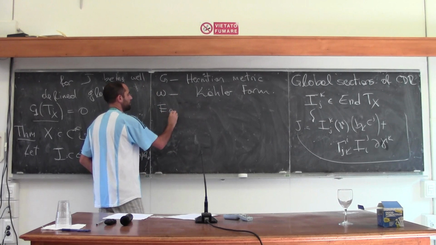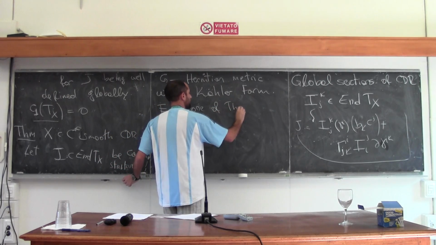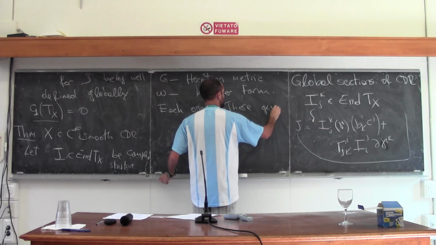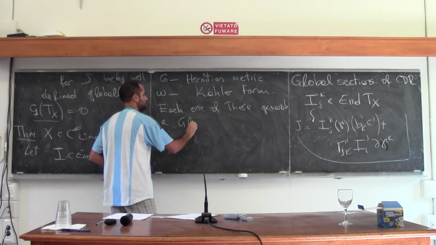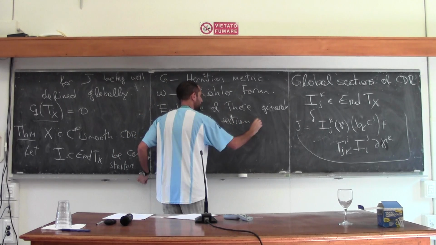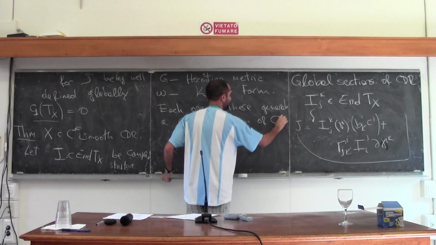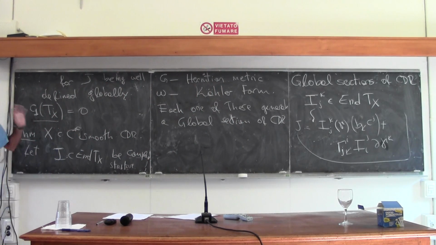Each one of these will generate a global section of CDR. I'll spell this out in a second, but the point is that to geometric data, in the way as here, so this was more or less the story.